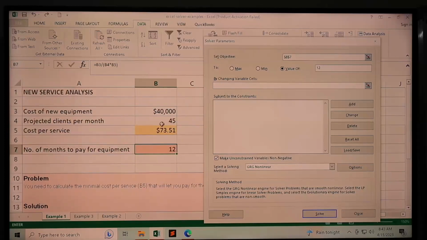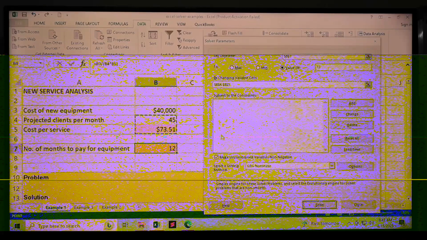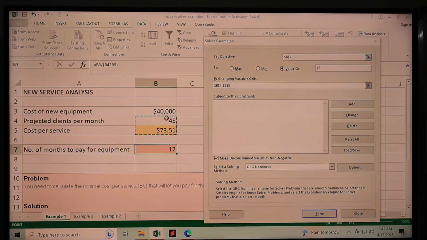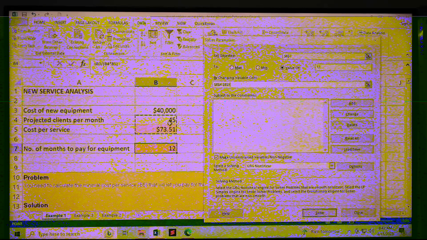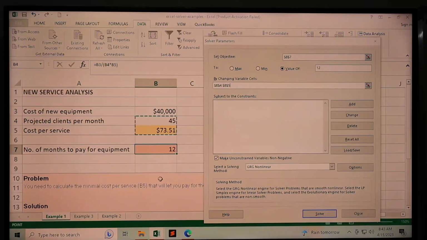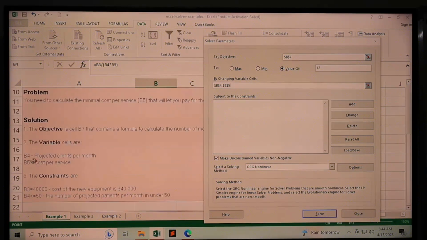If they're in different locations, you can click one, then put a comma and select the other. But if they are in the same location like here, you can just highlight the two at once. So these are the two values that we really need to change to achieve our objective. That is the cells that we need to change.